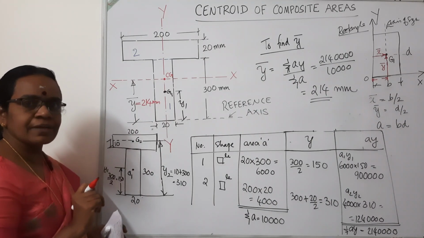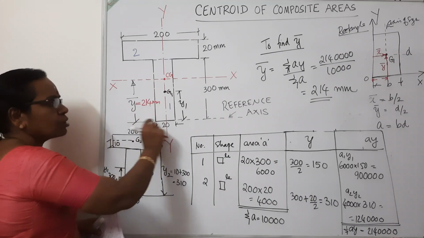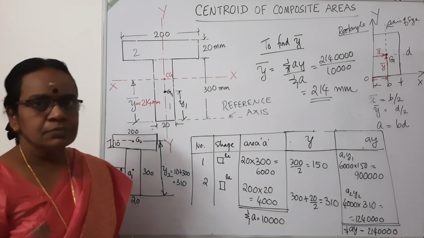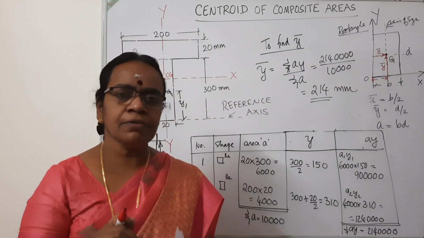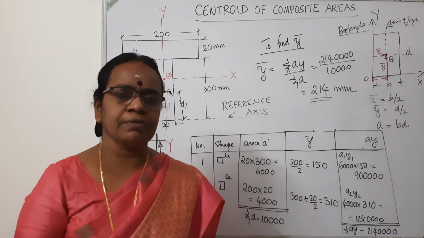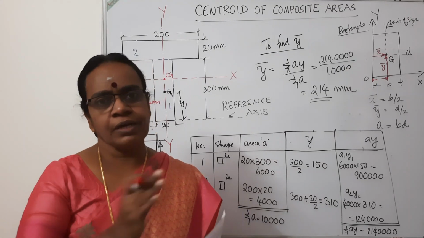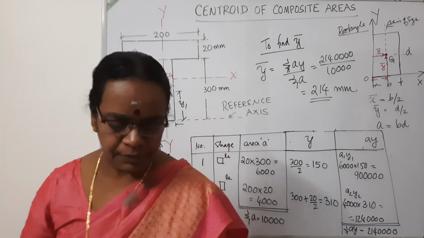So the centroidal x-axis is located at 214 millimeter from the bottommost line. Okay. So this is a symmetrical section, hence we need not find x bar, we have to find only y bar. In the next video, we will be seeing an unsymmetrical section. If it is an unsymmetrical section, we have to find both x bar as well as y bar. Okay, thank you.